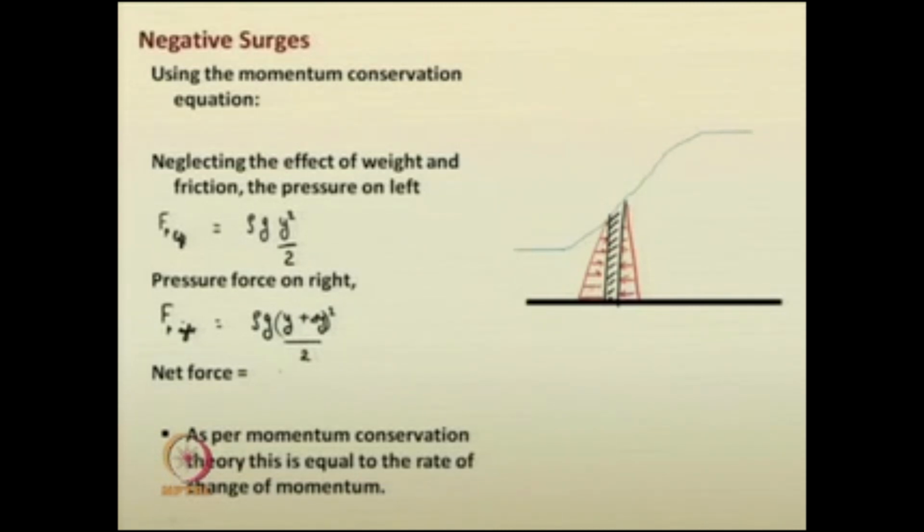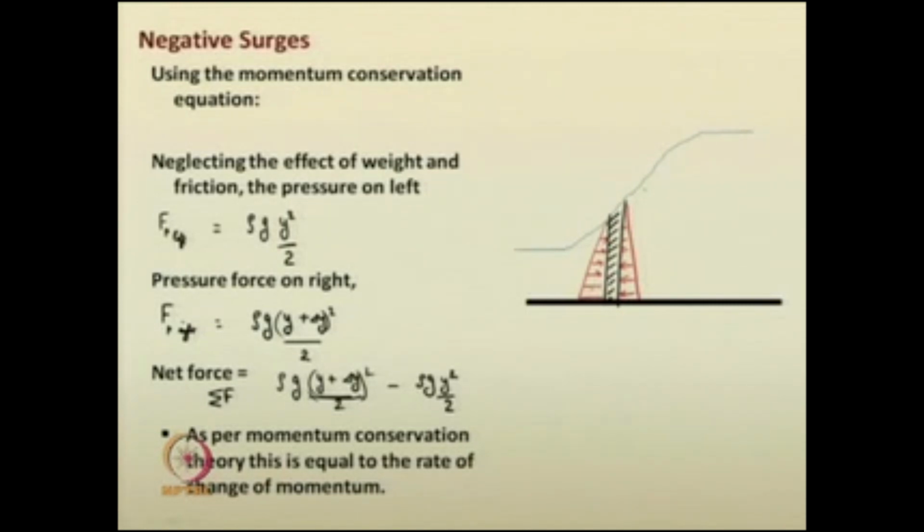So, net force acting is nothing but rho g times (y plus del y) by 2 whole square minus rho g y squared by 2, right. So, this is the net force sigma f acting on this elemental strip.